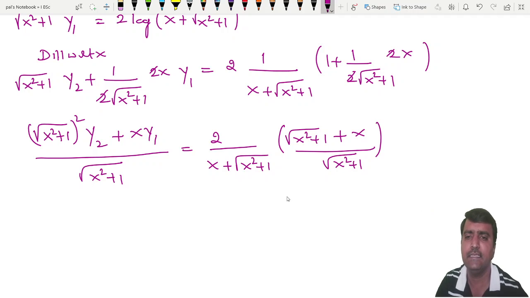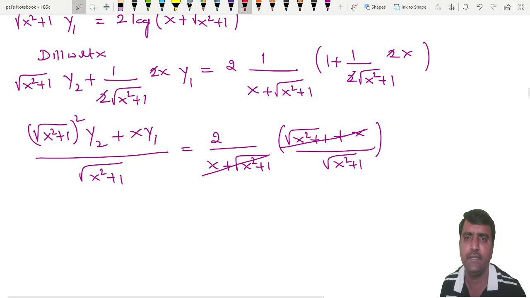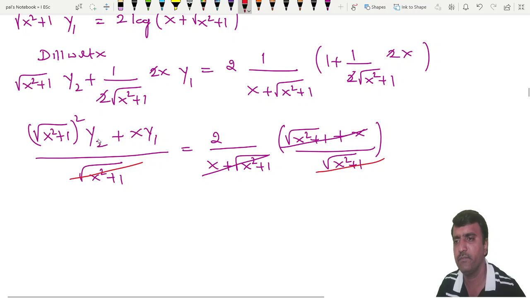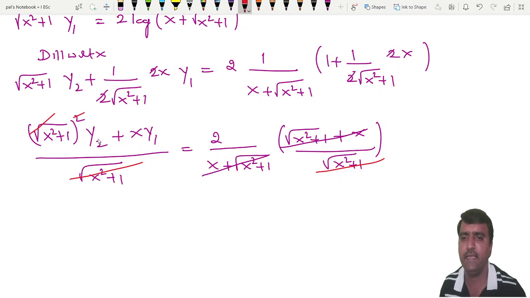Now we can cancel this x plus root of x square plus 1 and x plus root of x square plus 1. And in both the denominators we have root of x square plus 1, so we can cancel that also. So what is remaining? You write the remaining terms, and also here root and square cancel.